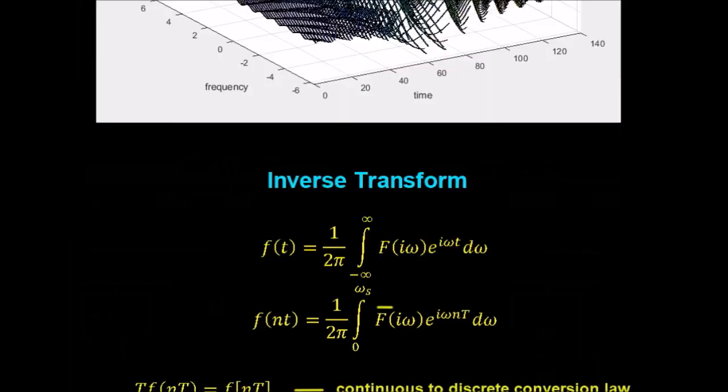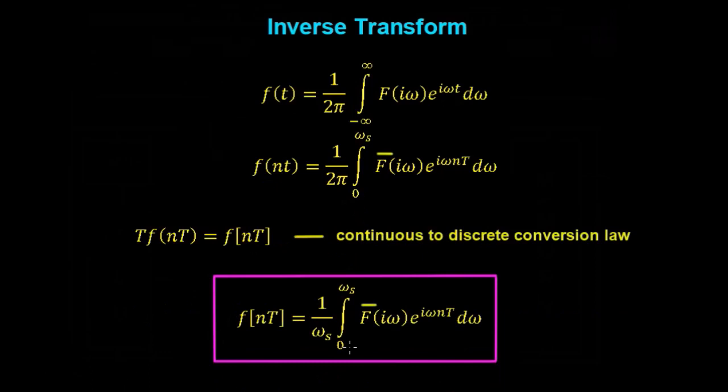So finally we're left with our inverse discrete time Fourier transform, given by f(nT) equals 1 upon ωs, the integral from 0 to ωs of the function F(iω) e to the iωnT dω.